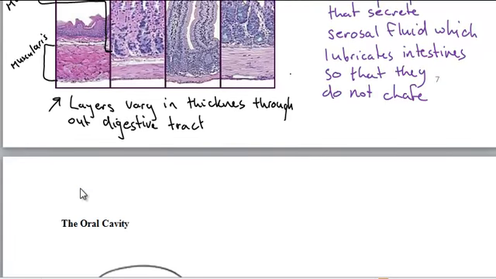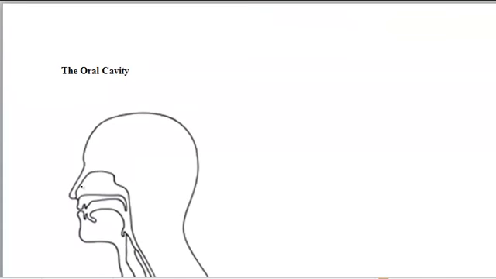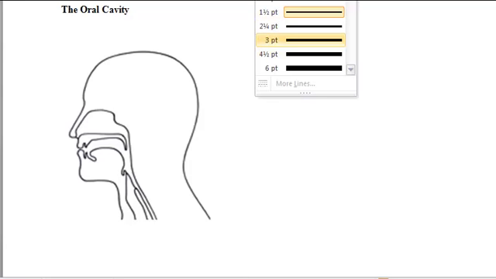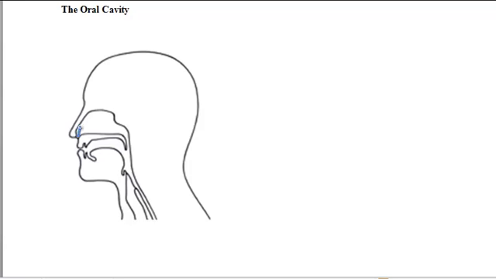Okay, so now we're going to look more at the details of the tract itself and what various parts of the tract do. So we'll start with the oral cavity, or what we more affectionately term our mouth. And I'm just going to color up here, color it blue because the air comes in here. We're just going to color the nasal cavity, which isn't part of our digestive system.